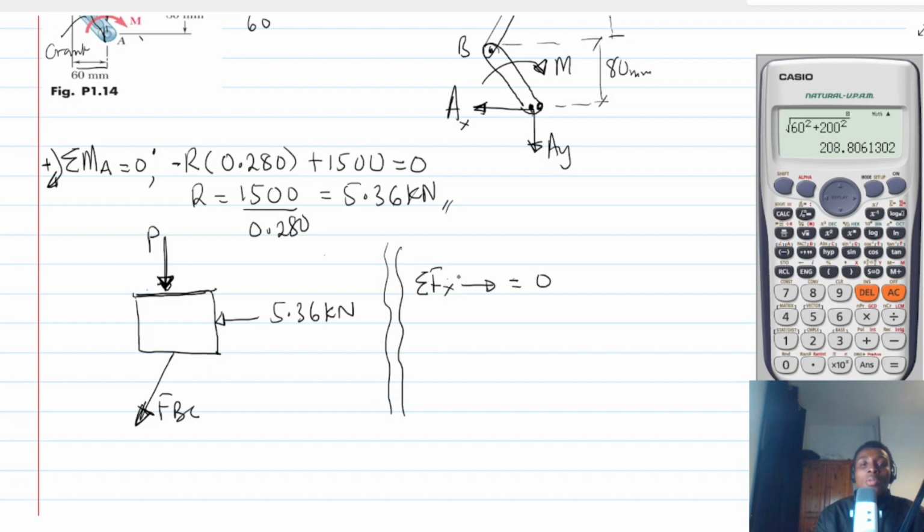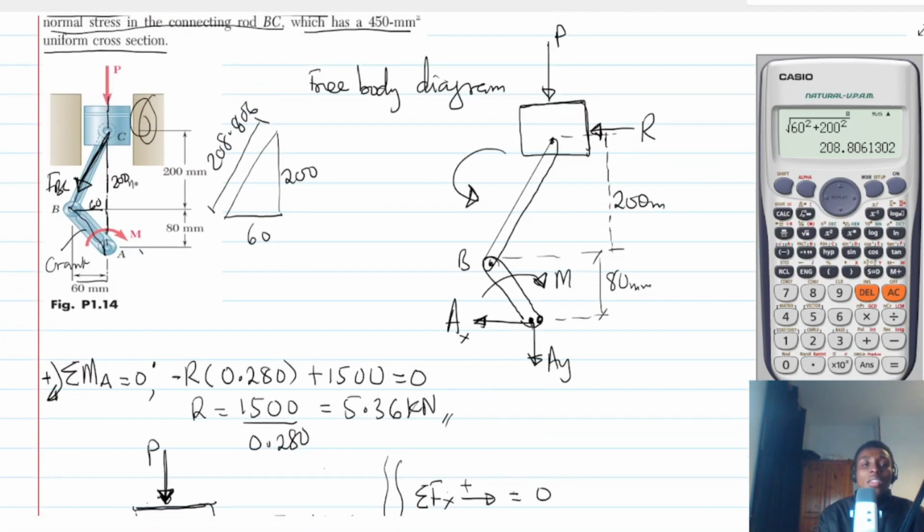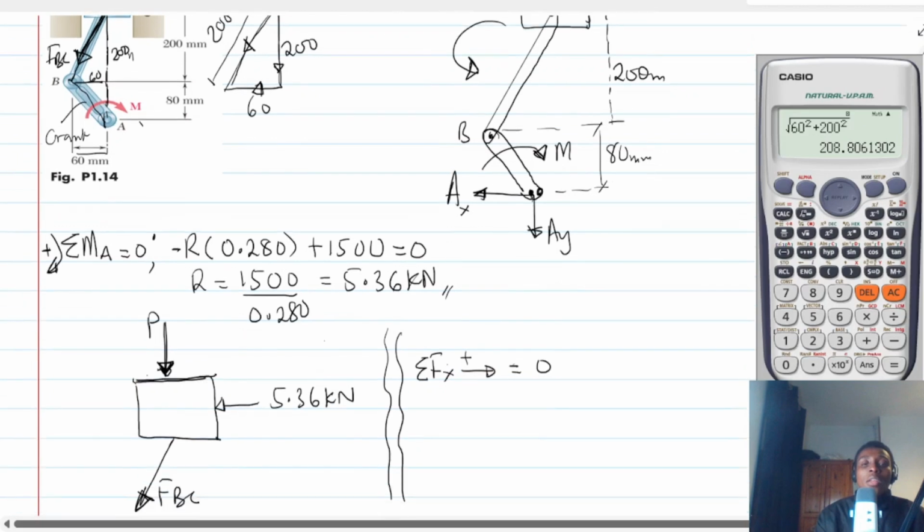So we will resolve FBC along the x. And then to resolve FBC along the x, we are going to use this triangle. FBC will be acting along this line, which is the connecting rod. So the y component will come down here, and the x component will come the other way. All right.